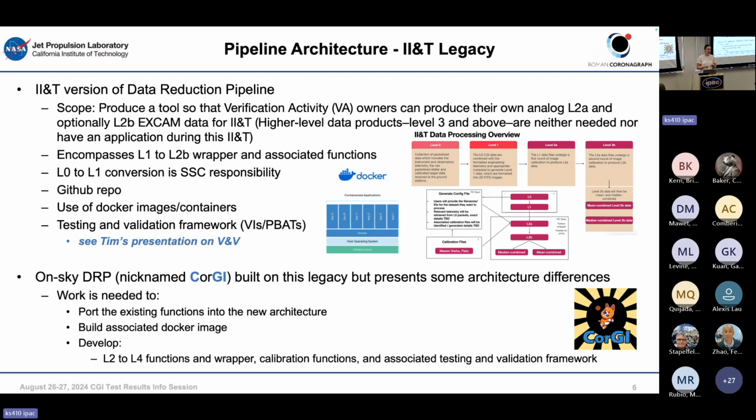And the DRP architecture is built on this INT legacy. For the INT we stopped at level 2B, and an L1 to L2B wrapper was developed, and also their associated functions to do that.